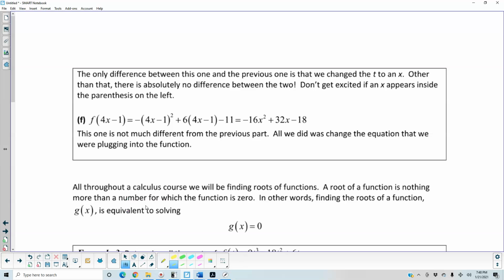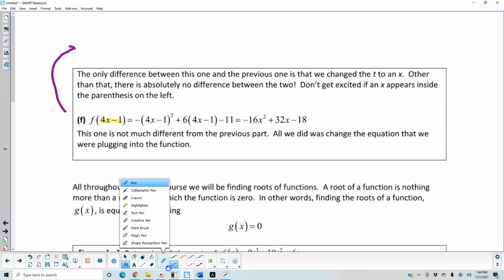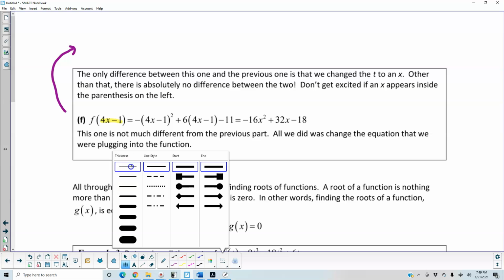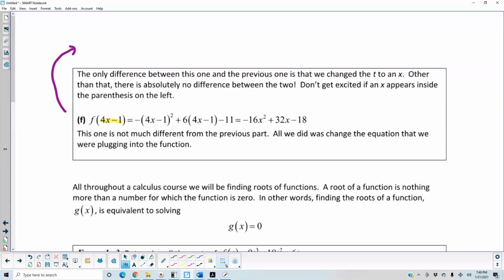we can see that the input is 4x minus 1. So again, let me go ahead and do the work up here. We have negative (4x minus 1) times (4x minus 1) plus 6 times (4x minus 1) minus 11.